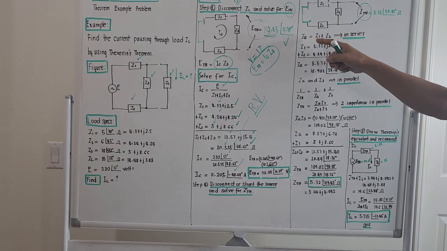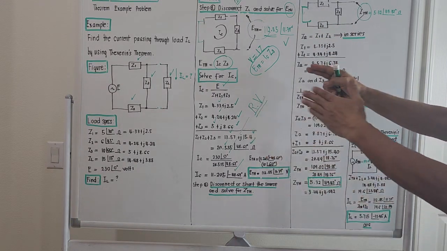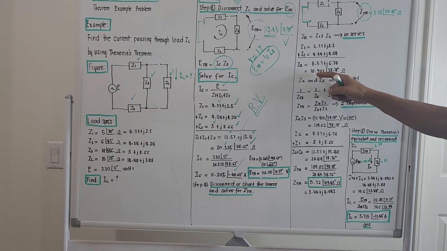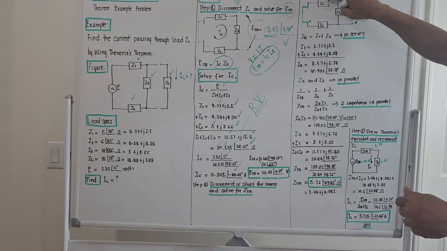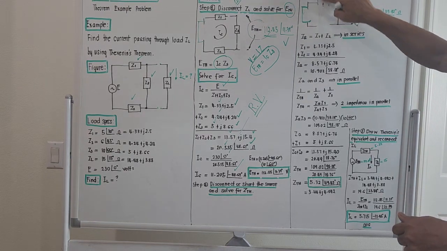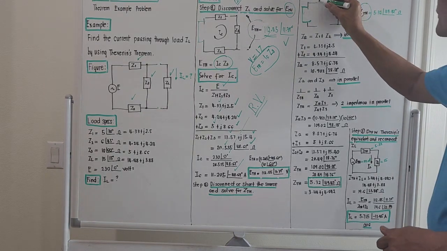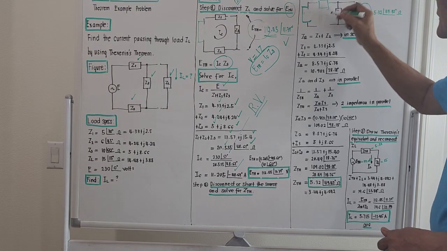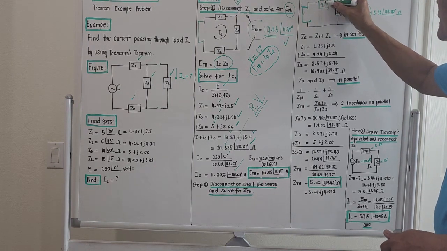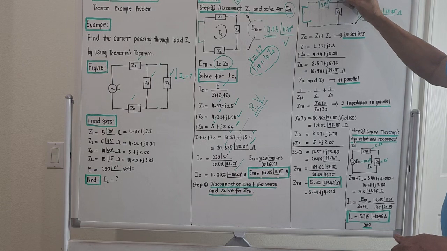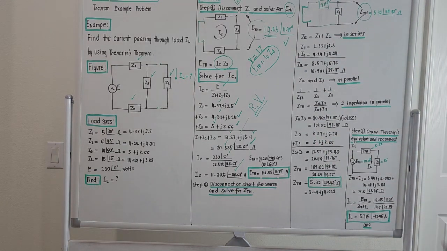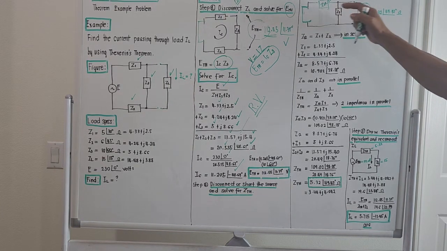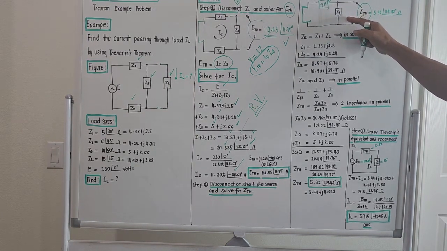So I designate that as ZA, and if we try to compute for ZA, after the simplification, the magnitude is 10.902, angle 38.18. So actually, after the simplification, this will now just be a simple one. This is now ZA, right? The single equivalent of Z1 and Z2. And if you try to see it, this ZA here is in parallel with this. Okay?